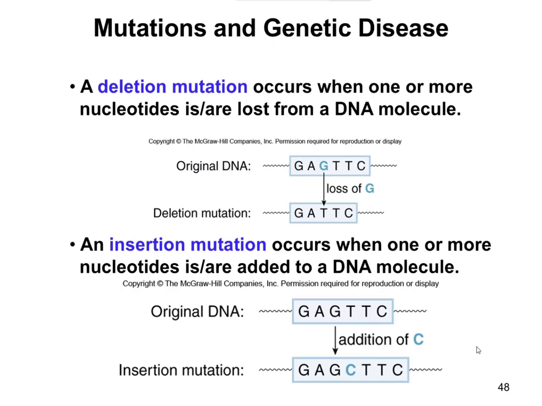And the example I always like to use with these insertion or deletion mutations is if you can imagine a sentence with a whole bunch of three-letter words. And here's one: the fat cat ate the rat, right? So the fat cat ate the rat.